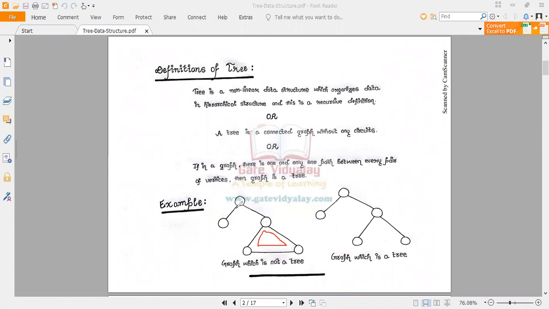So this is not considered to be a tree. Then this will be considered to be a graph. And if the circuit is not complete, it still maintains a hierarchical structure like this. The hierarchy is defined, but all the nodes are not connected. A cycle, a circuit, is not formed. So that is termed as your tree.